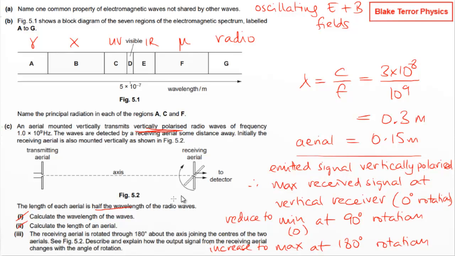And it's going to go in a sine wave because we're taking components. So you could even draw it out and say, if we had something like this, we'd be doing a cos wave, going down to a minimum and then back up again. You could even draw that out with the signal versus the angle and put that in there. So it's much the same as when you're rotating a polarizing filter.